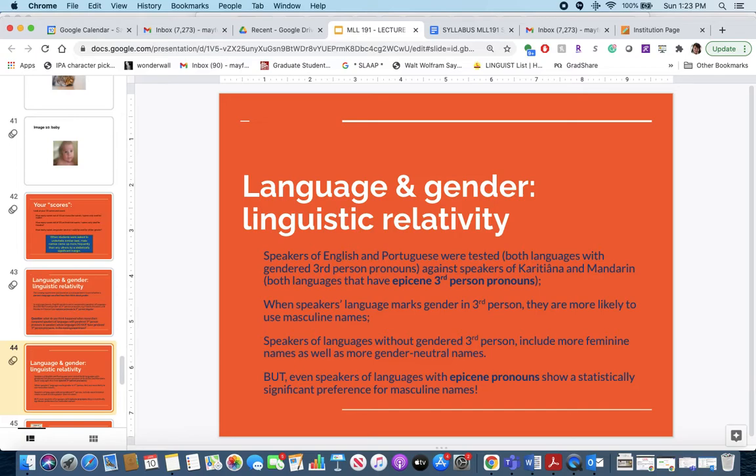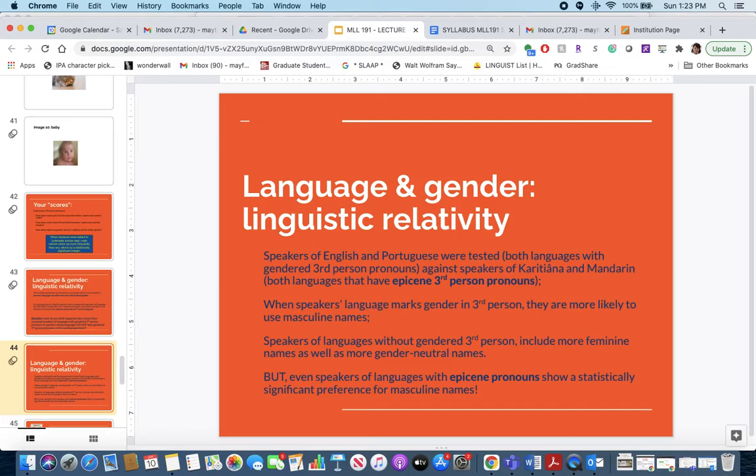But speakers of languages without gendered third person pronouns, so Mandarin, Finnish, Estonian, were more likely to include more feminine names as well as more gender neutral names. But even so, the speakers with epicene pronouns show a statistically significant preference for masculine names.